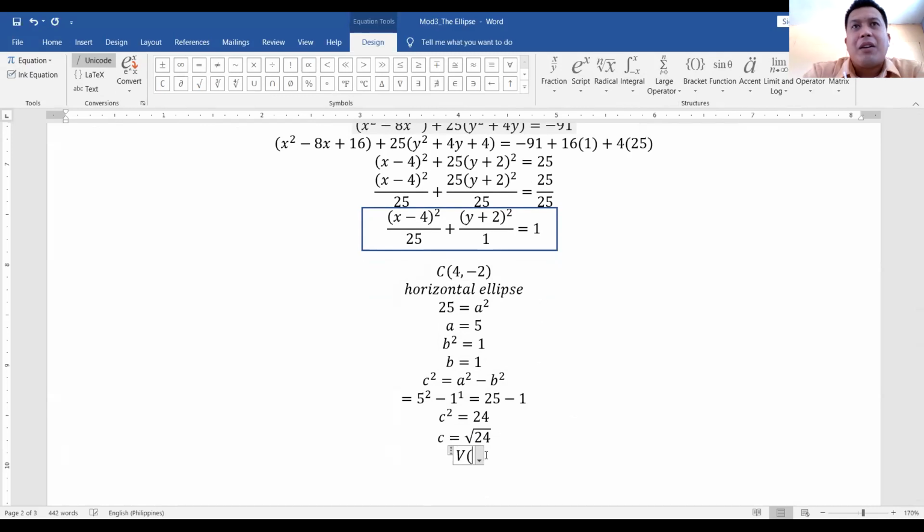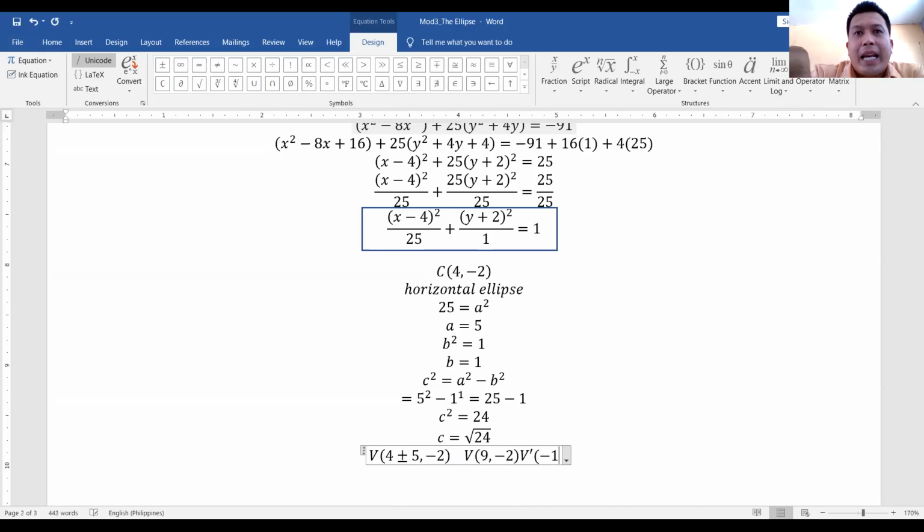So the vertex now goes with 4 plus and minus A, which is 5, and negative 2. Or you can simplify it as vertex equals 9 and negative 2, followed by the second vertex, the vertex prime, at 4 minus 5.